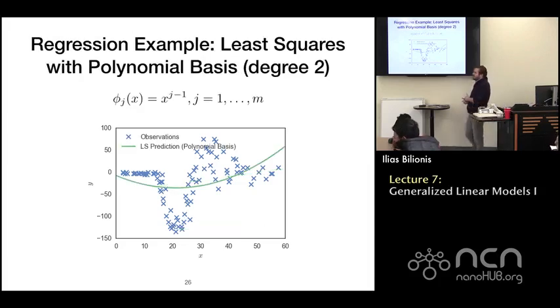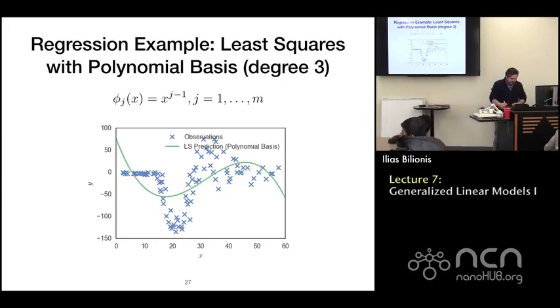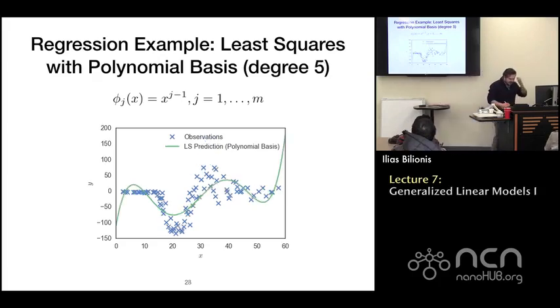You go to a second order polynomial, you get this. This is also a bad fit. You get to a third order polynomial. This also doesn't look good. And as you start increasing the order of the polynomials, it looks a little bit better, but you observe strange things here and there.